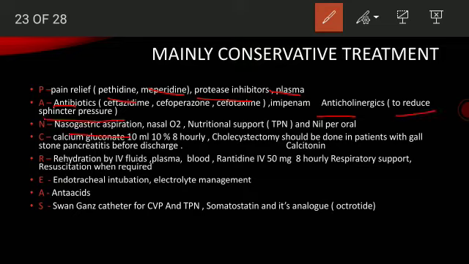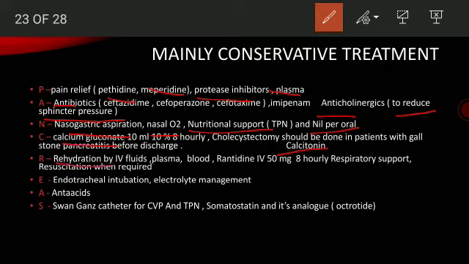N for nasogastric aspiration or nasal O2, nutritional support, total parenteral nutrition, nil per oral. C for calcium gluconate, 10 ml 10% 8 hourly. Cholecystectomy should be done in patients with gallstone pancreatitis before discharge, or calcitonin is given.